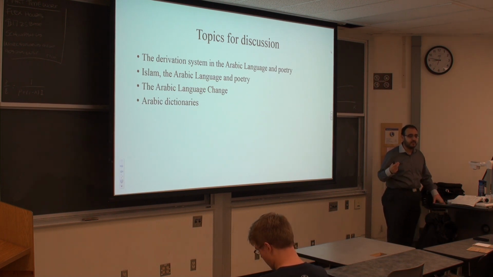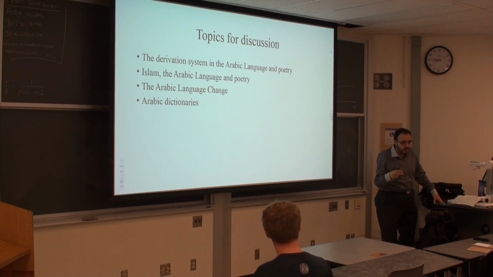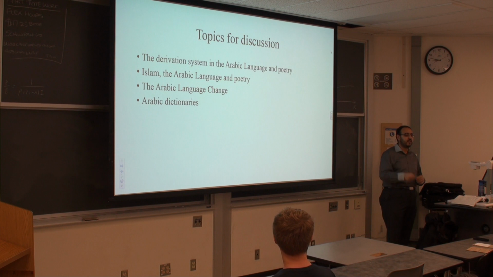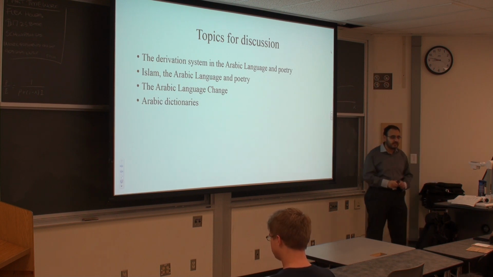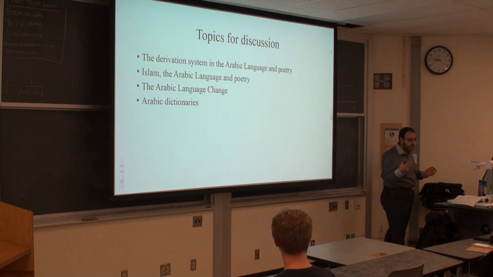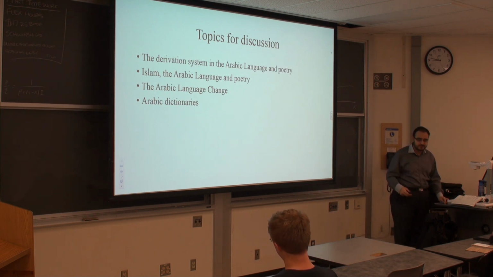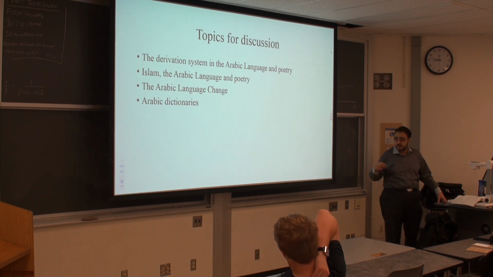So when Islam came, first of all, the Quran was a completely different form of text that was not known by the Arabs before. It was neither like poetry nor like a regular form of literature. It was very influential on the Arabs.